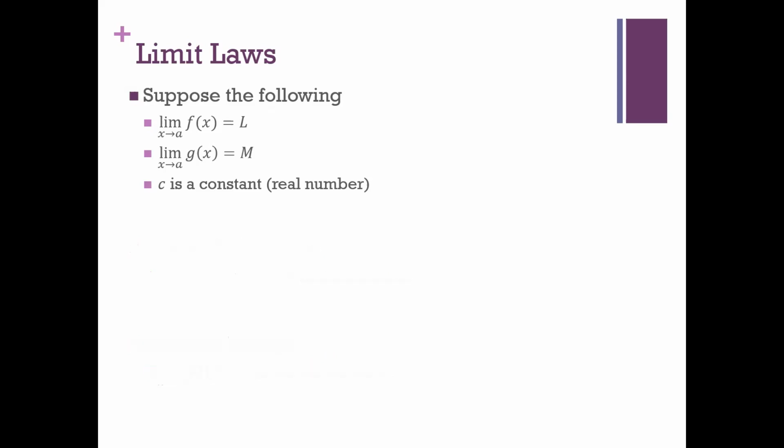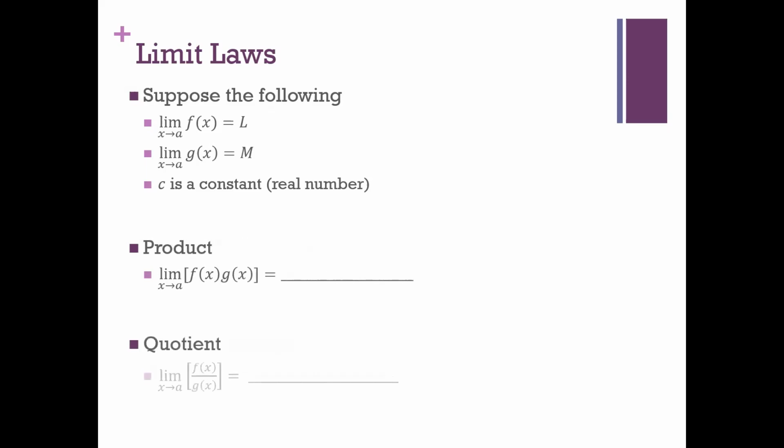Couple more. So product rule and quotient rule. What do you think that limit's equal to if I just take the 2 functions together and make a new function by multiplying functions together? The limit will just be lm.